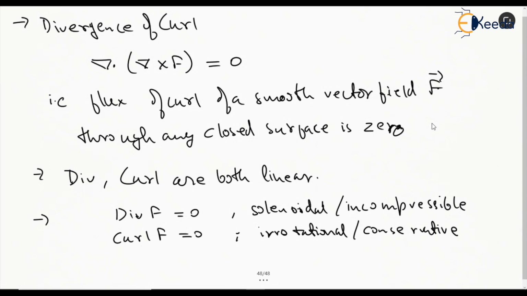And once the gradient is 0, it is a constant, because gradient of a field being 0 means it must be constant, so that the first derivatives with respect to x, y and z are 0. Now we can see the questions.